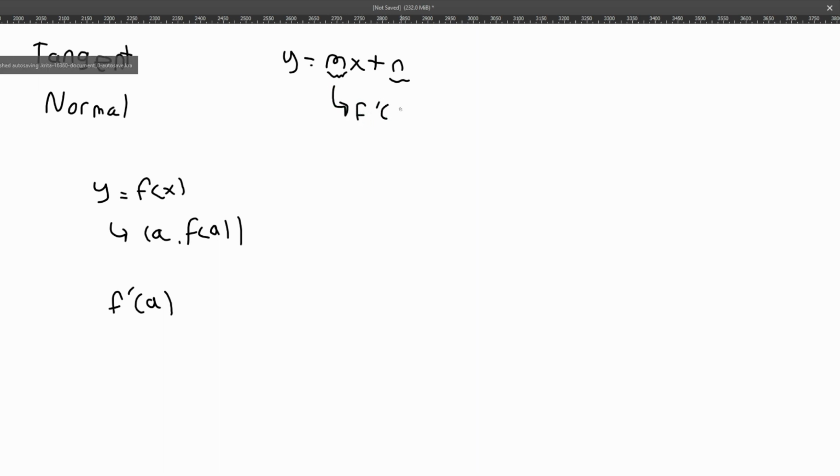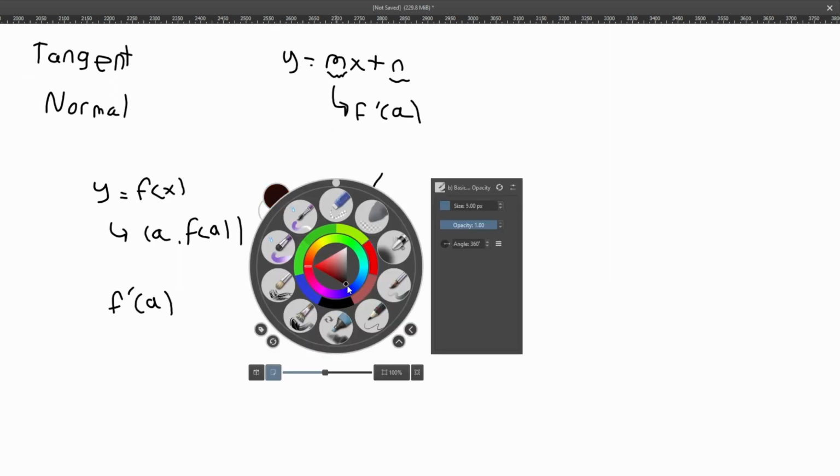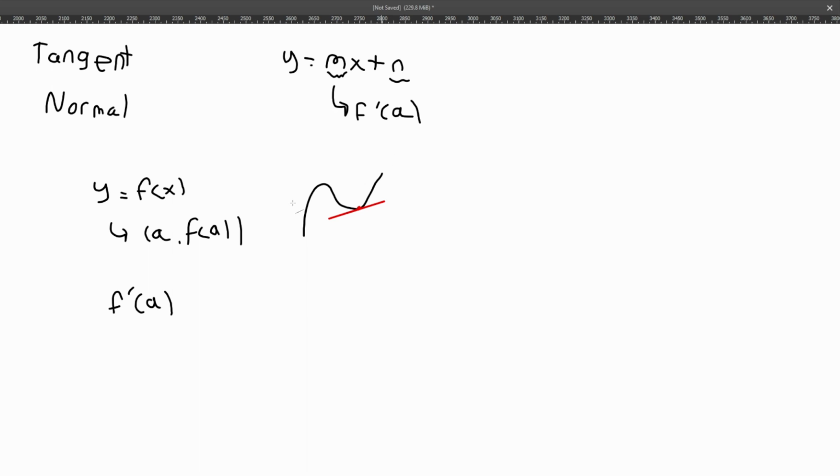And to find the value of n, you must remember that the tangent line for a curve, let's say like this, has to go through the point of tangency on that curve. So we know that this line that we're trying to find has to go through the point A, f of A, meaning that this equation right here must satisfy this point.